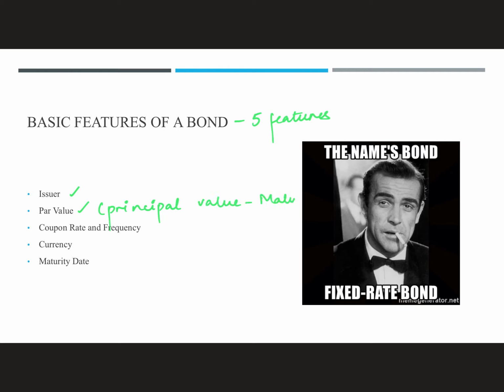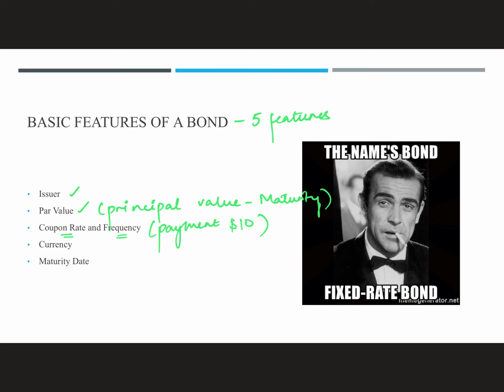Then the coupon rate and frequency, the payments that we talked about, those $10 payments that we were using to understand the fixed return and the payment structure.